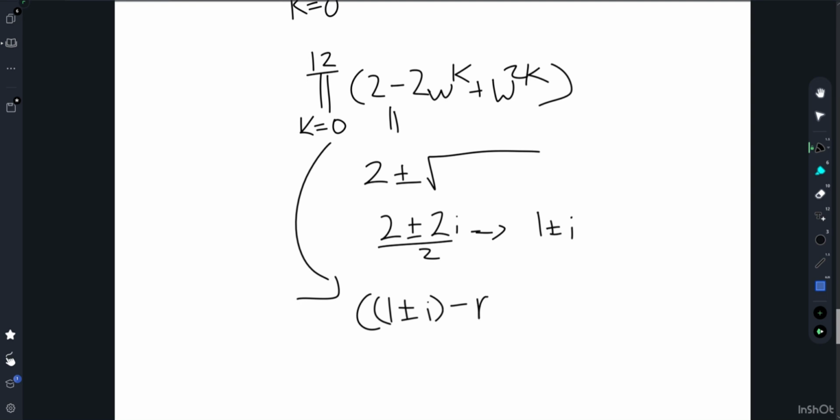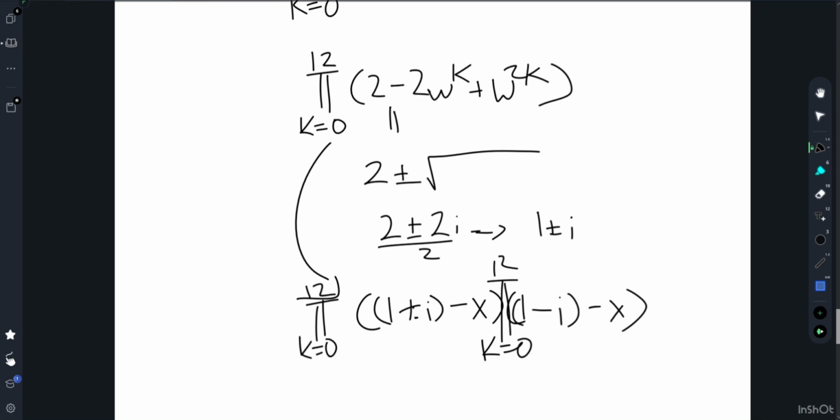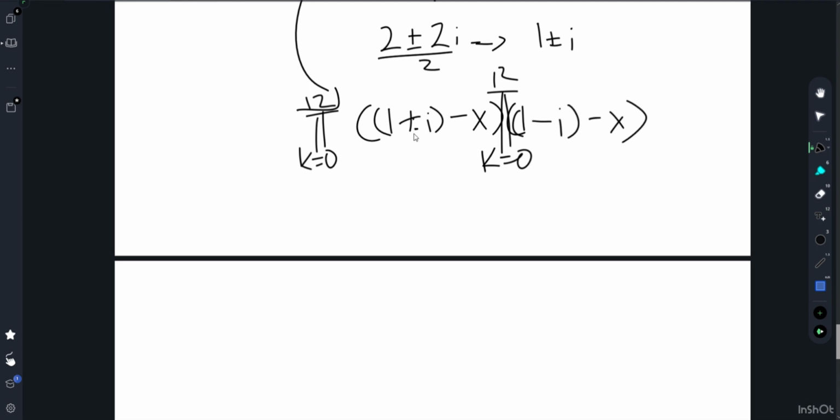So this should give us 1 plus i minus omega to the k times 1 minus i minus omega to the k, product. And using the same formula as above, this just gives us p of 1 plus i times p of 1 minus i.